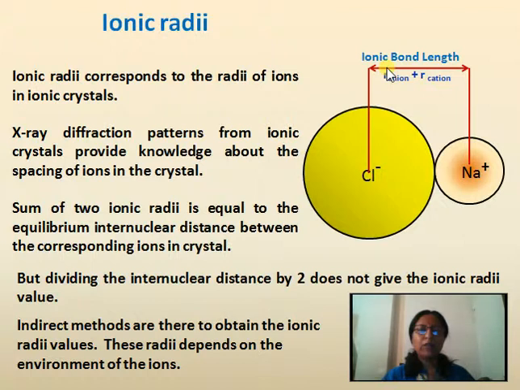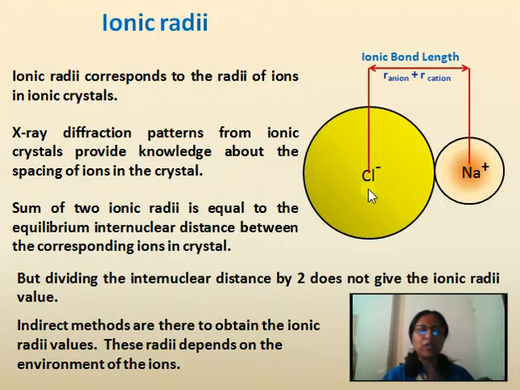But if we divide the internuclear distance or ionic bond length by 2, it will not give us the radius of the anion or the radius of the cation, because the radius of the anion will be much bigger than the radius of the cation. So there are some indirect methods to determine these ionic radii values that I will discuss with you later.